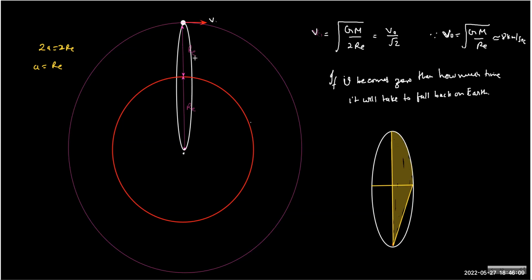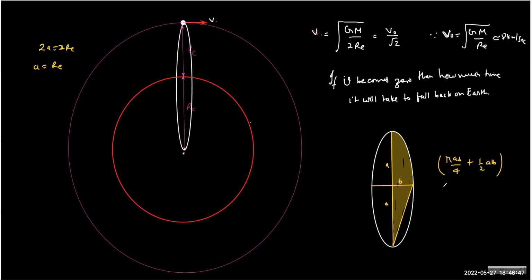Anyway, for the approximation, we have to take this as a half ellipse, right? This area, if I take this B, this is the A, how much is this area? It is pi AB by 4, the 1/4 of the ellipse, plus half AB, correct?